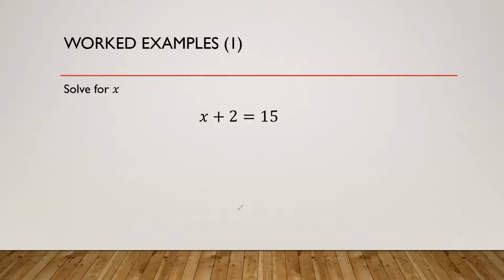When we try to solve a linear equation, the objective is to isolate x in order to find its value. And you'll notice that an equation has two sides. You've got the left-hand side and the right-hand side.